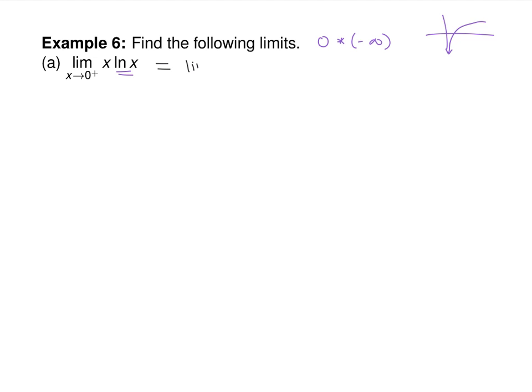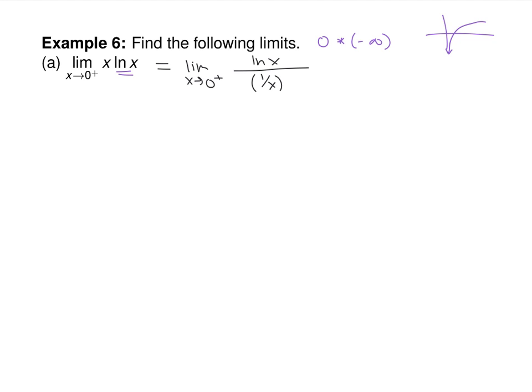You rewrite it as the limit as x goes to 0 plus of natural log of x over 1 over x. So the first thing you have to accept is that that is actually equal to the thing you had in the beginning. You're going to have to know to use this trick on your own because I now showed it to you. Does that make sense?